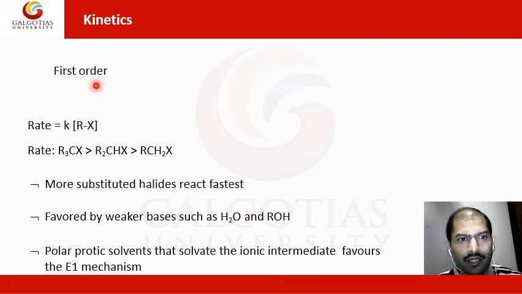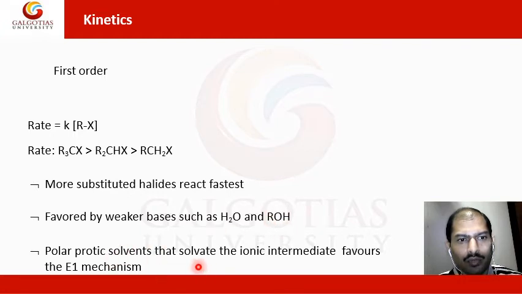So kinetically, this depends upon, as we say, the concentration of the substrate, and more substituted halides react fastest, favored by weaker bases like water and alcohol, simple alcohol like methyl alcohol.